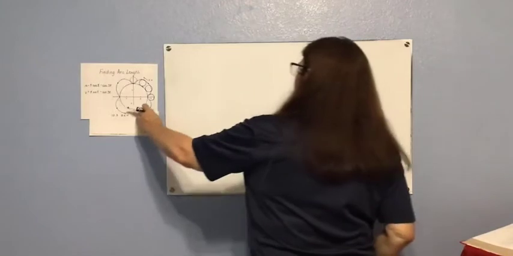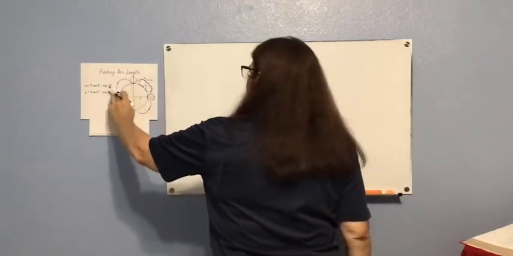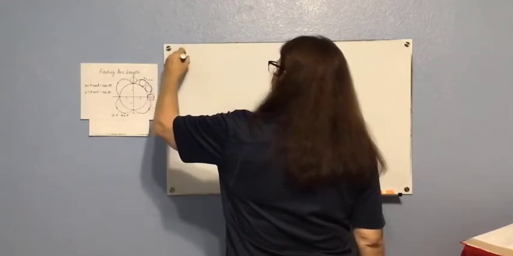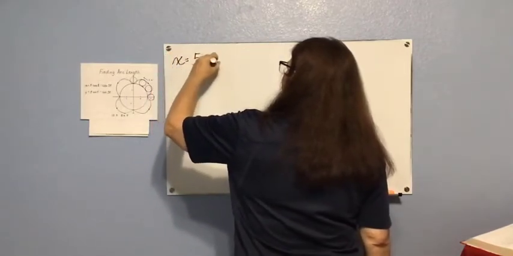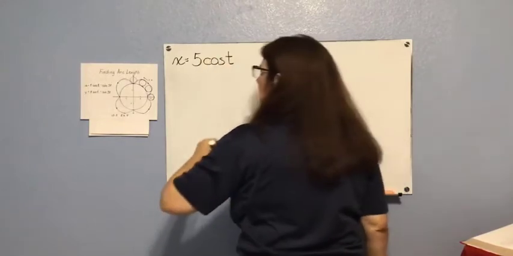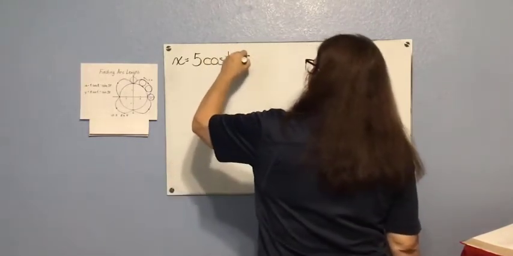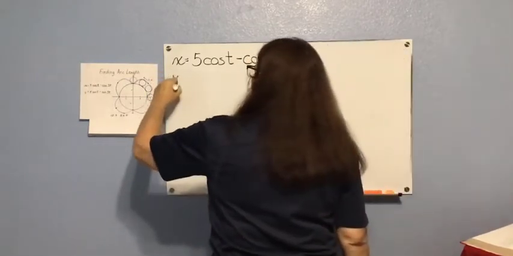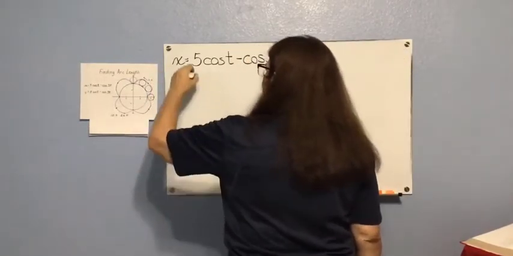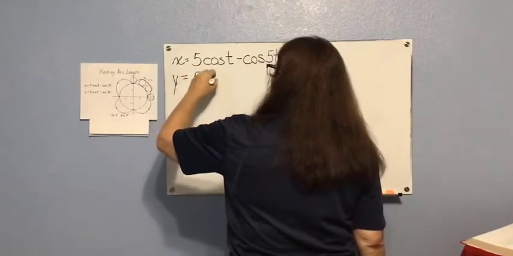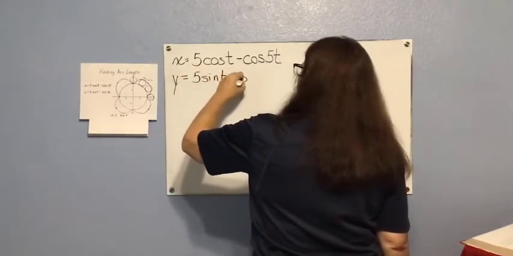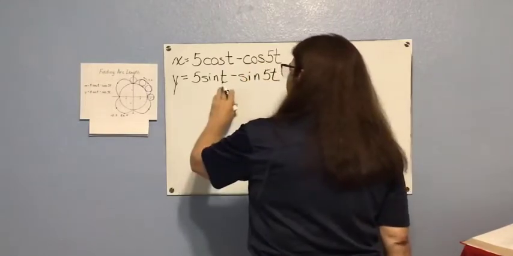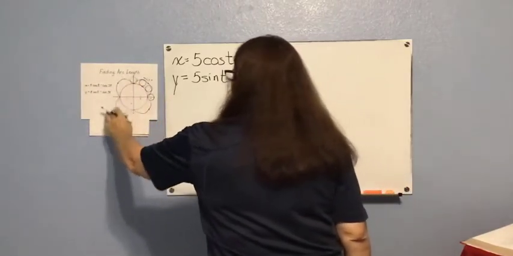And the parametric equations for this epicycloid are x equals 5 cosine t minus cosine of 5t, and y equals 5 sine t minus sine of 5t. So those are our two equations for this outside curve.